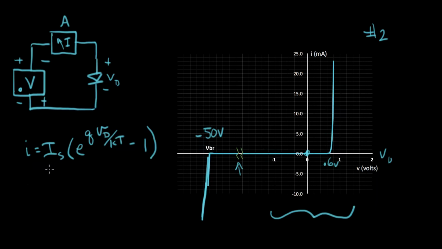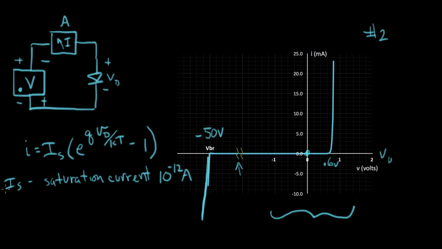We'll look at these constants one at a time. IS is called the saturation current. And for silicon, that's a value of about 10 to the minus 12th amperes, which is 1 picoampere.